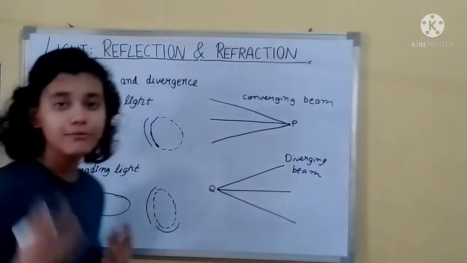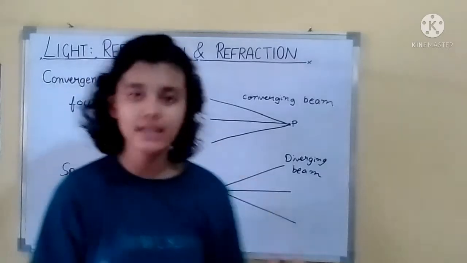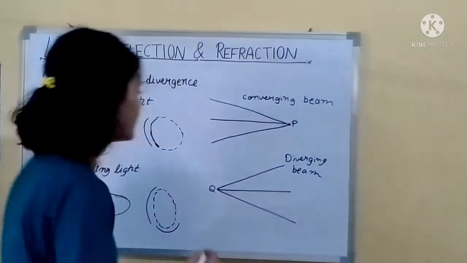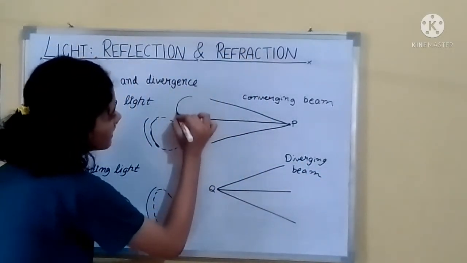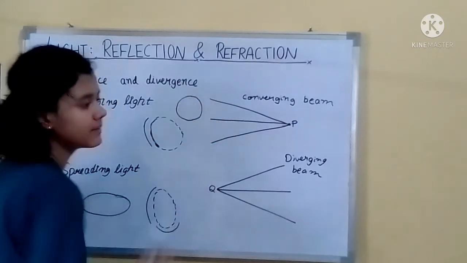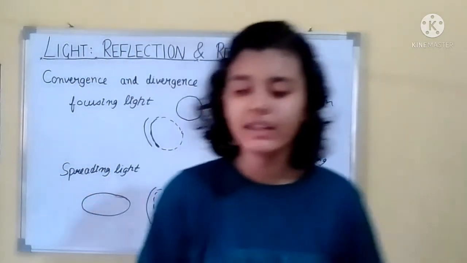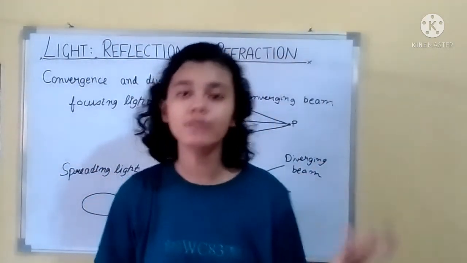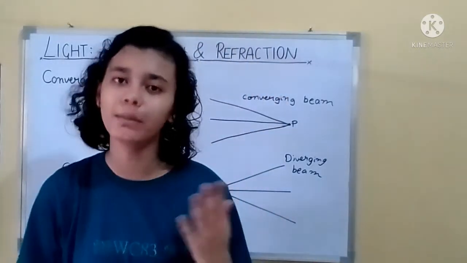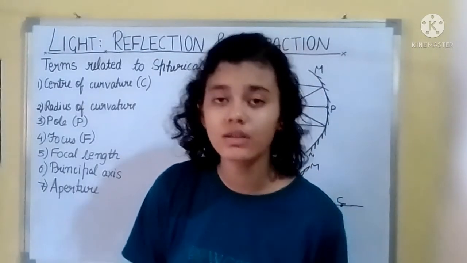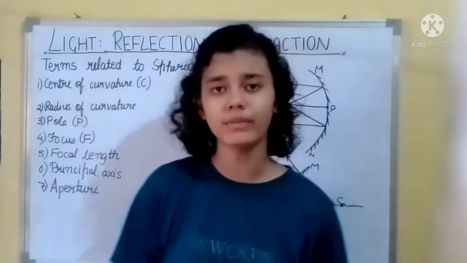But if we see the shape of a spherical mirror from the front, its shape will be circular, okay. So now let's move on to the terms related to the spherical mirrors.